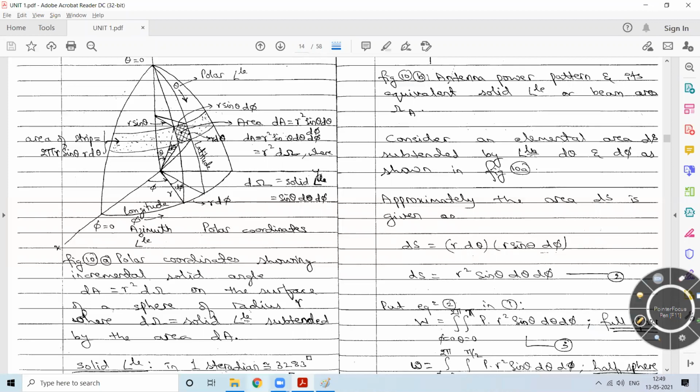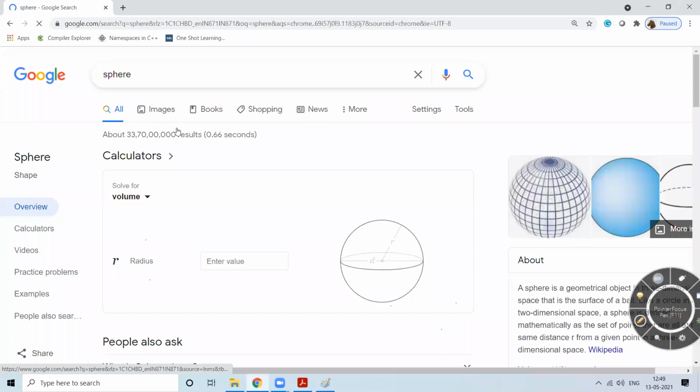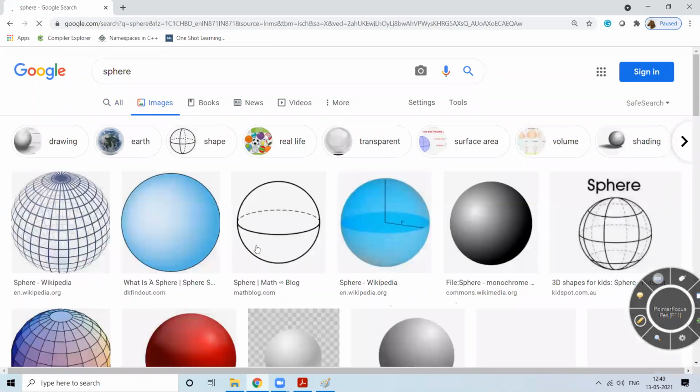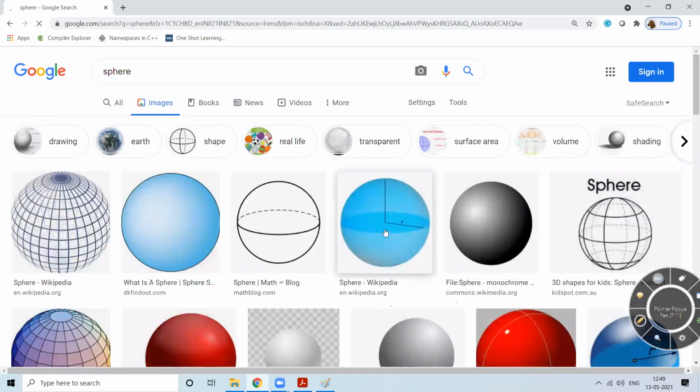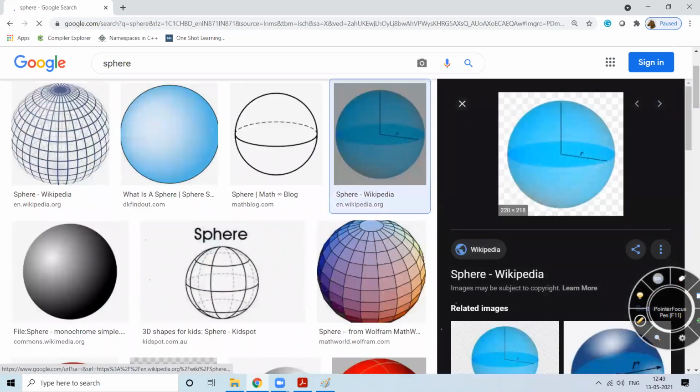In this case, if I consider it in this form, I have the sphere.